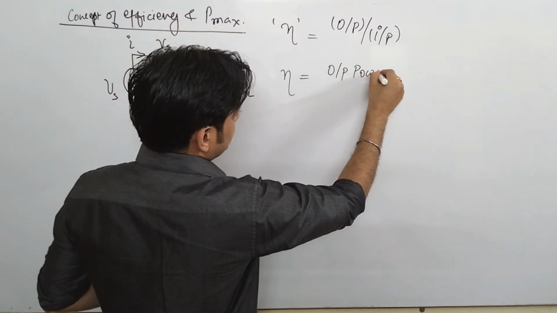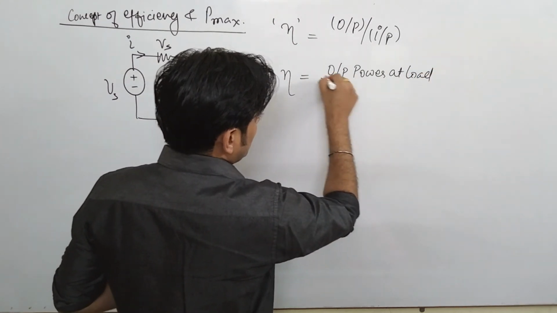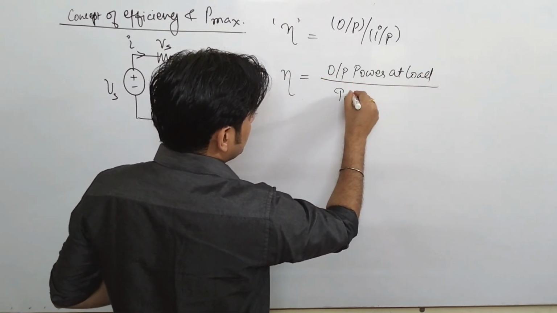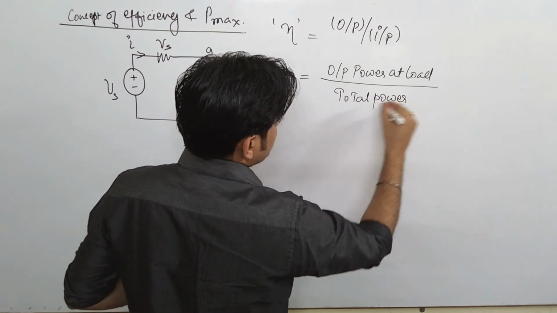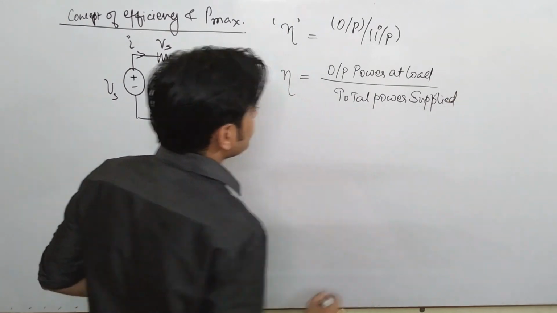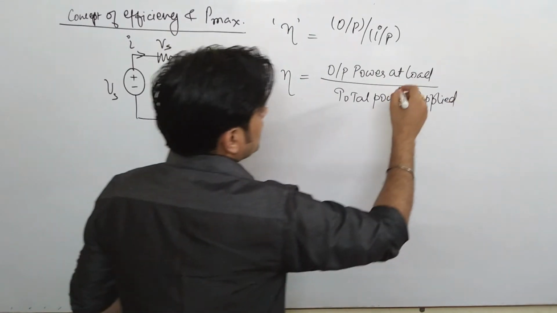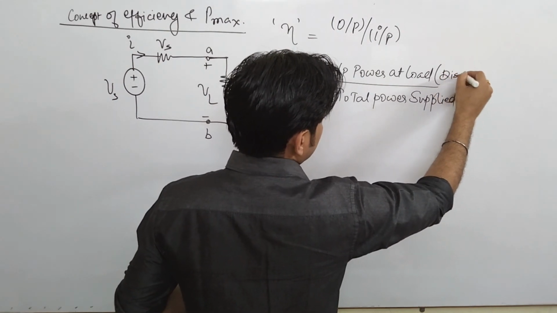power at load upon total power supplied. Or you can say output power at load, it means dissipated.